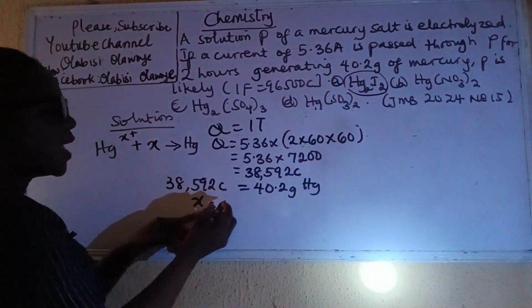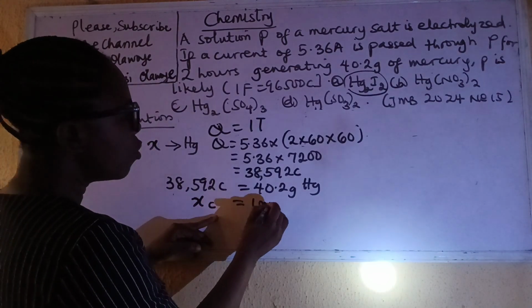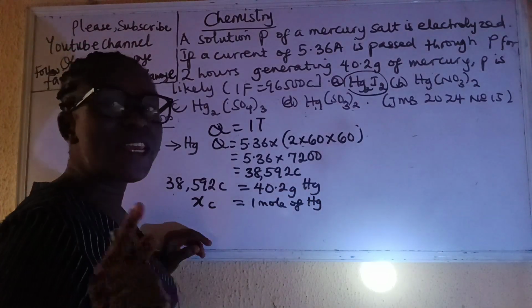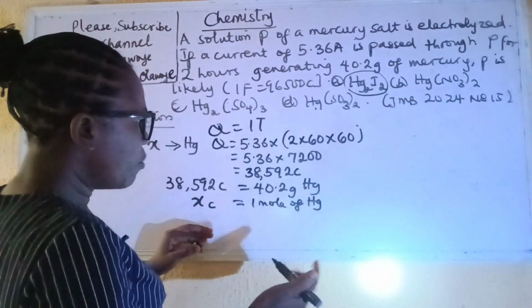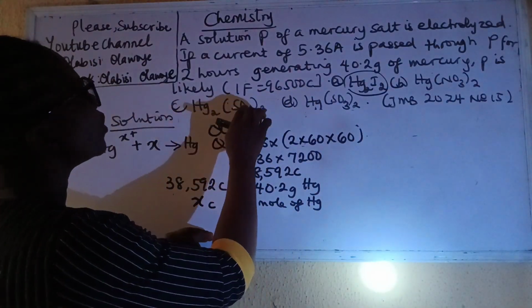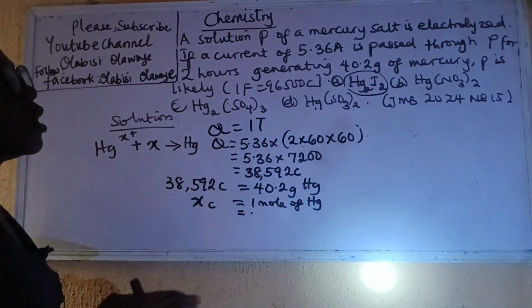Now, X coulombs liberates 1 mole of mercury, and 1 mole of any element is its atomic mass. So what's the atomic mass of mercury in the information given to us?